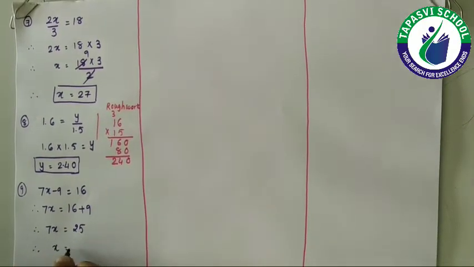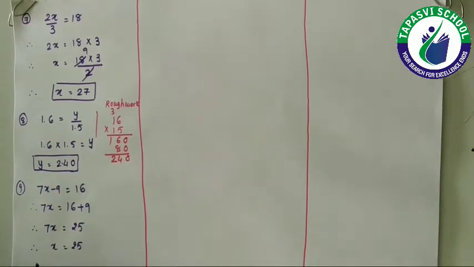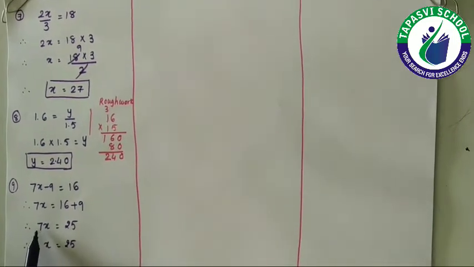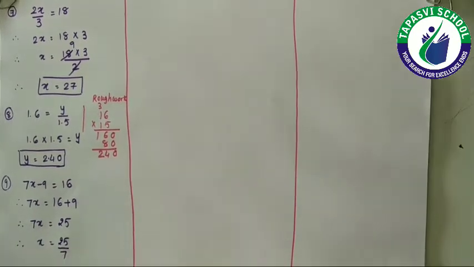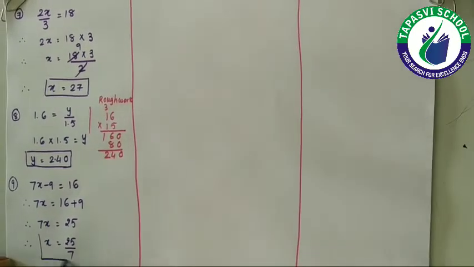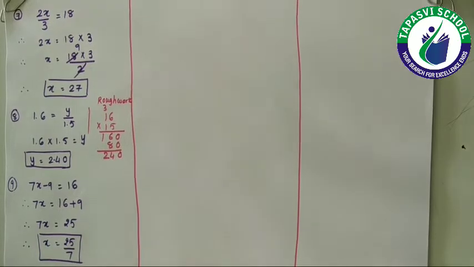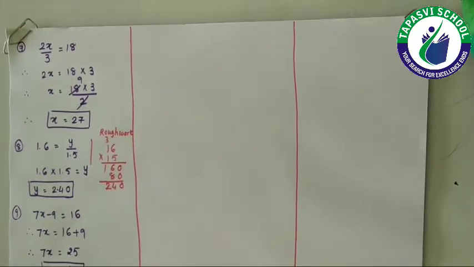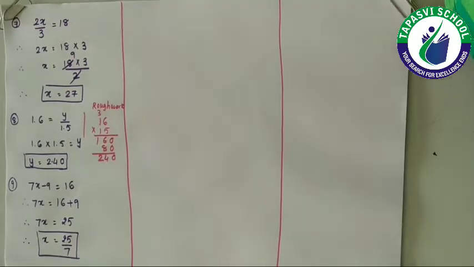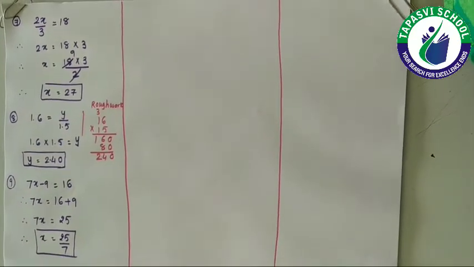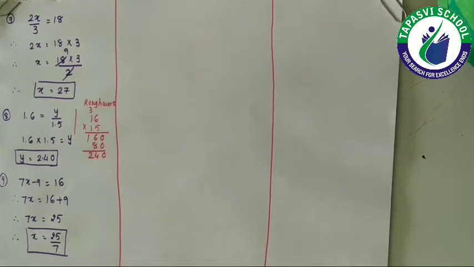Now here x is equals to 25 will remain as it is. Here my 7 is in the relation of multiplication. This side it will come in the relation of division. So this way we will get the value of the variable. Now the next sum, that is your question number 10.